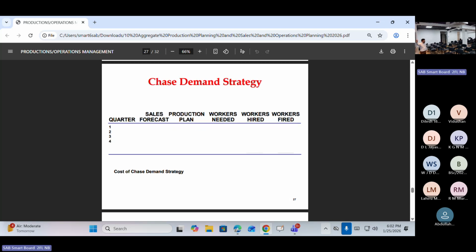This is one piece of information we are going to calculate. And to calculate the cost details, we need to identify how many workers required for each quarter, whether to hire or fire, and accordingly we can calculate the cost of the production plan. Can you quickly move to the answer? Right.